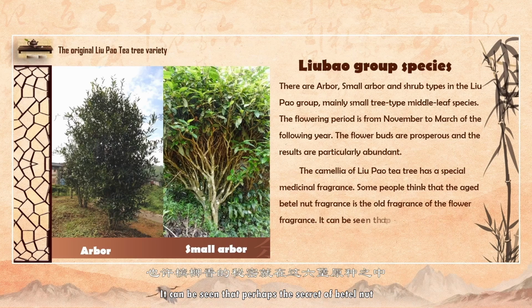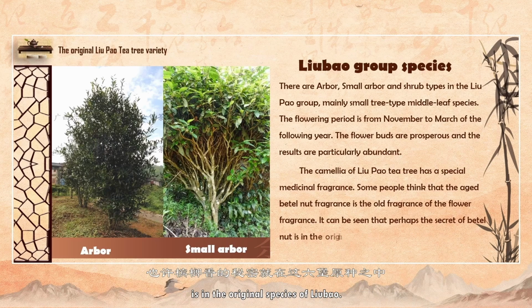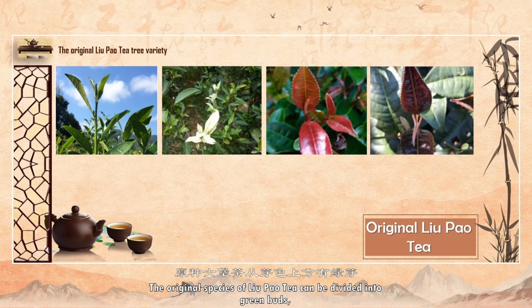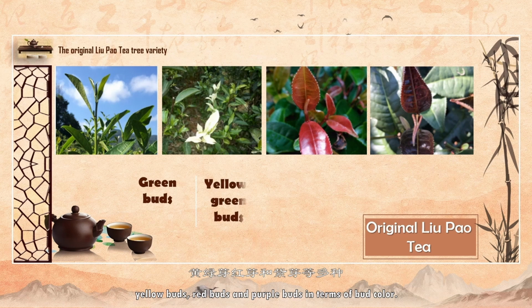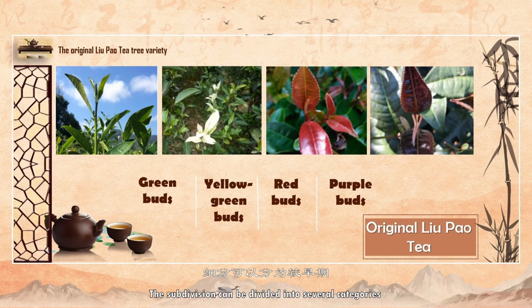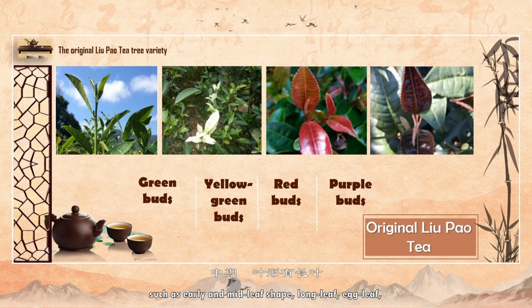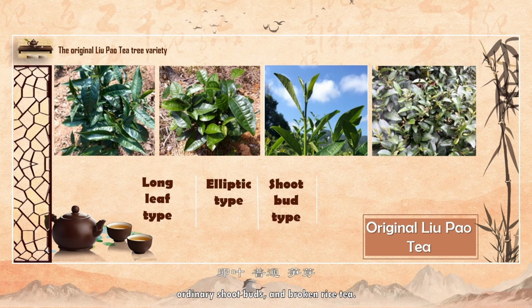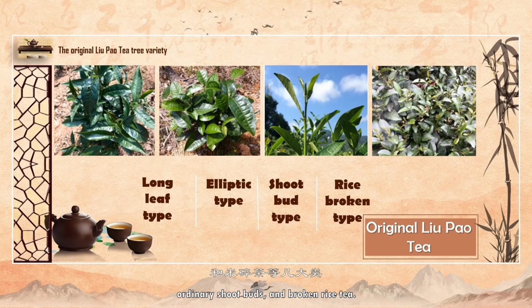It can be seen that perhaps the secret of betel nut is in the original species of Liu Bao. The original species can be divided into green buds, yellow buds, red buds, and purple buds in terms of bud color. It can be further divided into categories such as early and mid-leaf shape, long leaf, egg leaf, ordinary shoot buds, and broken rice tea.